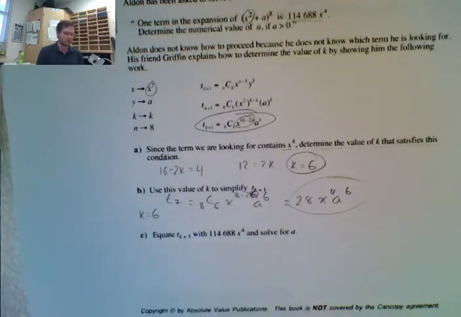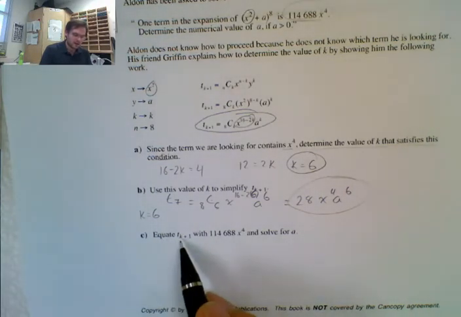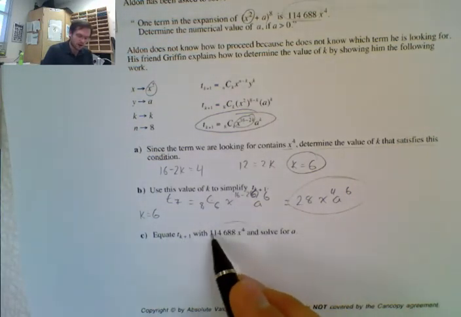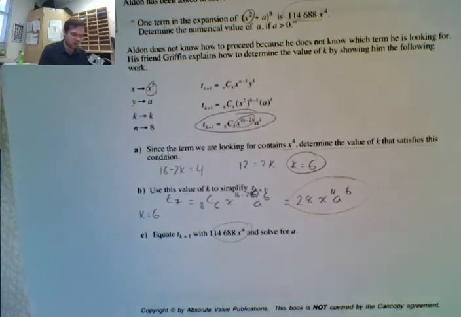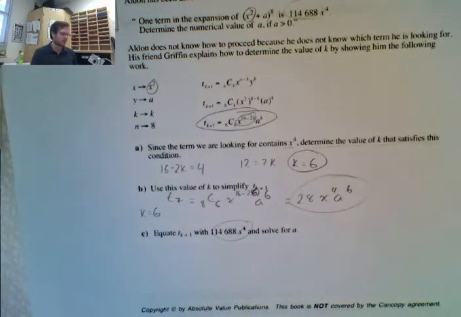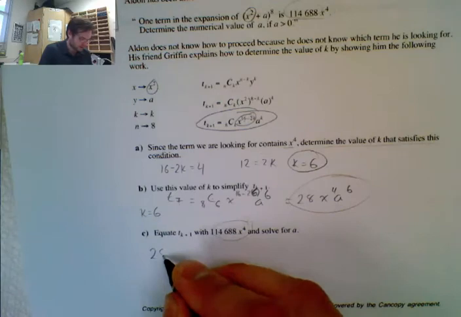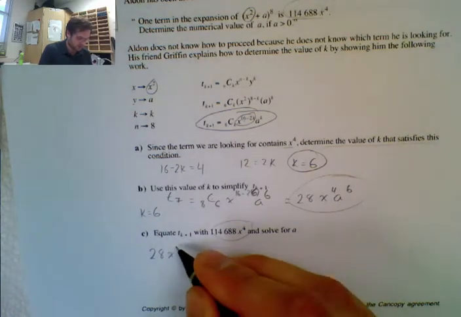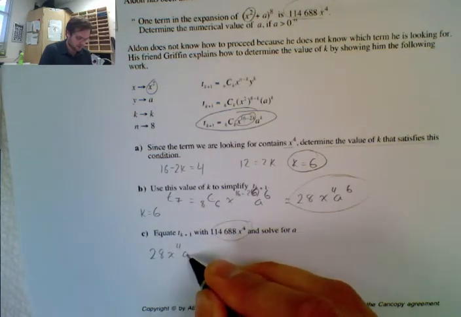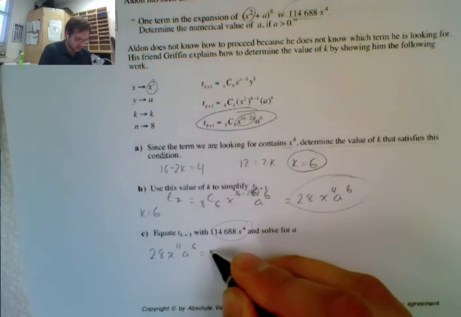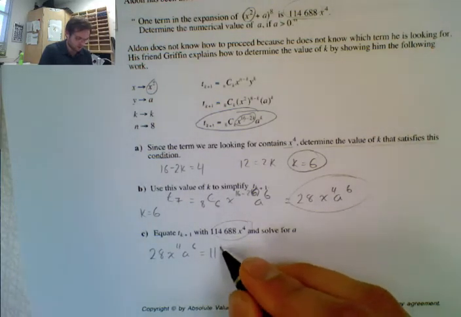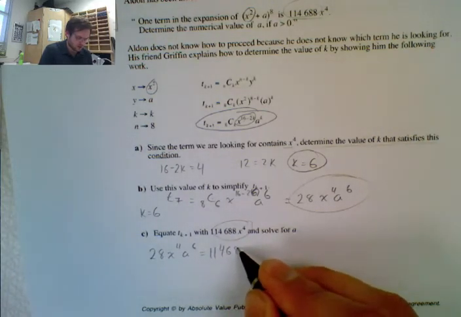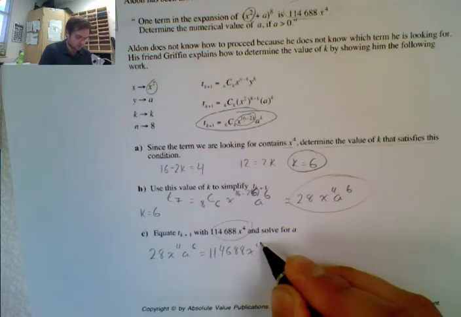Okay, now it says equate tk plus 1 when I have this and solve for a. So now we want to figure out which term makes that, and we're going to solve for my a value. So here I'm going to have 28 x to the power of 4, a to the 6 is equal to 114,688 x to the power of 4.